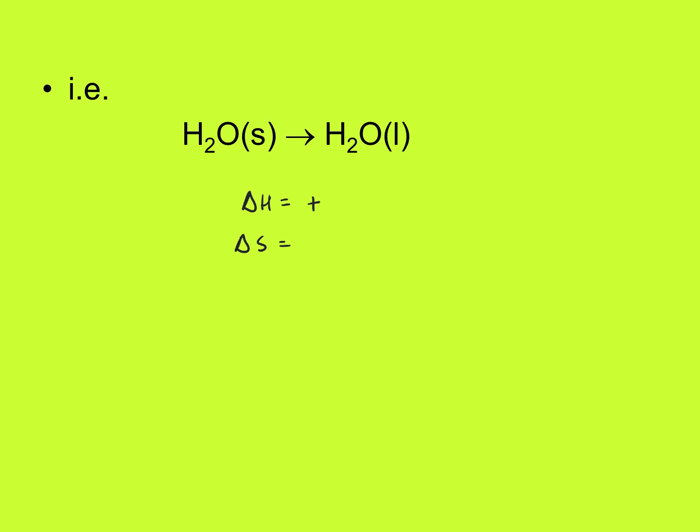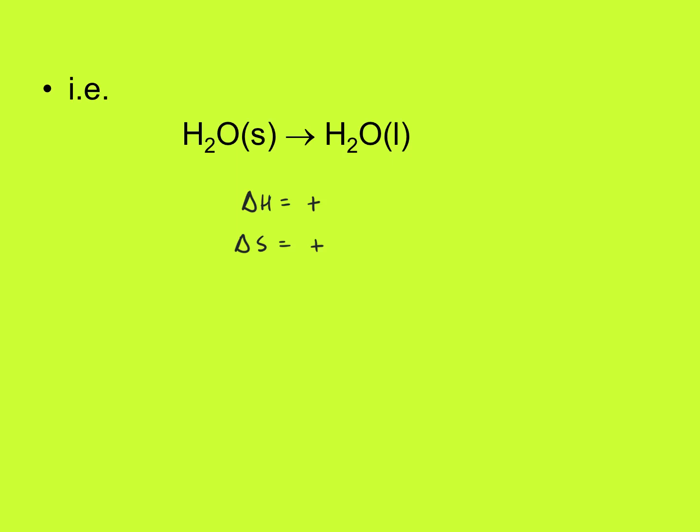And then delta S is also positive because you have greater entropy when it is a liquid as opposed to when it's a solid. Again, liquid has more microstate arrangements possible than a solid does. Therefore, if you go from solid to liquid, you're increasing the number of microstates possible.